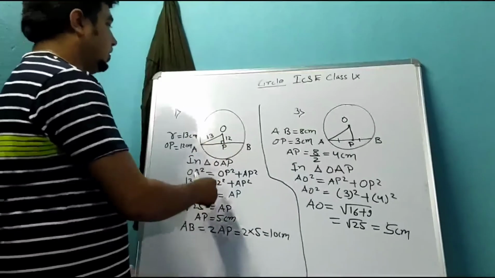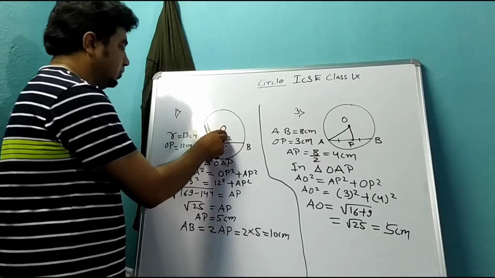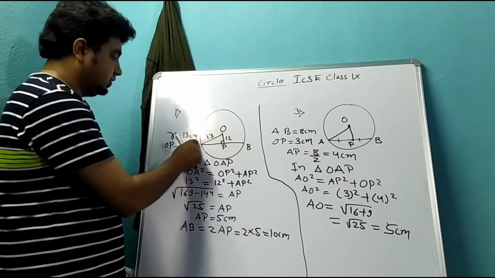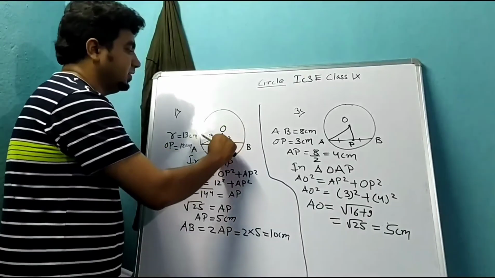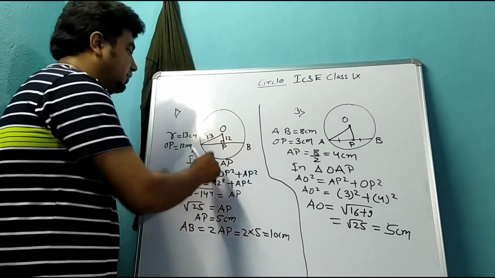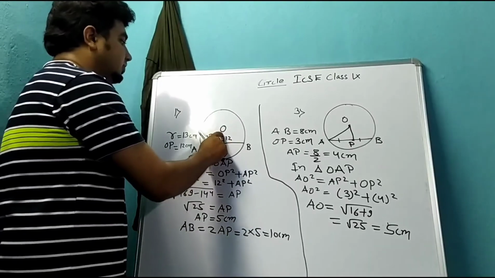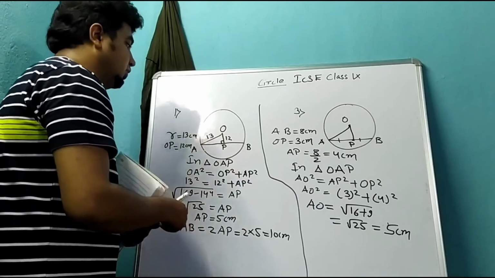In this, the radius of the circle, OA, is given to us, which I am writing as 13 cm, and the distance from the center, OP, is given to us as 12 cm. We know that the perpendicular drawn from the center bisects the chord.